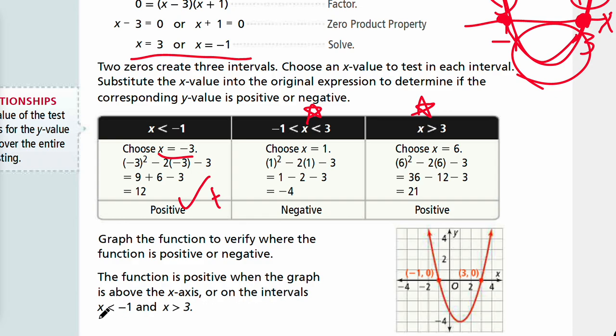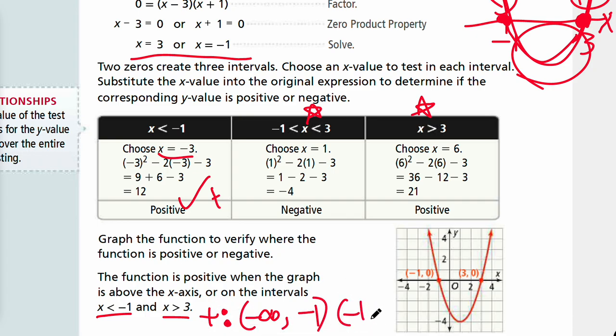You can just use the inequalities for intervals, or you can use the interval notation, negative infinity to -1. And please don't include -1 because at exactly -1, your y is equal to 0, and 0 is neither positive nor negative.